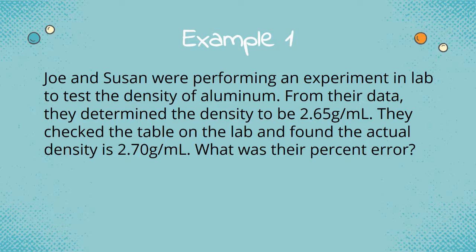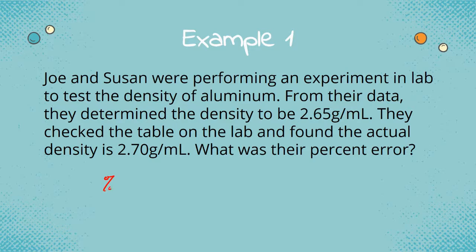So here we have Joe and Susan, who are performing an experiment in a lab to test the density of aluminum. From their data, they determined the density to be 2.65 grams per milliliter. They checked the table in the lab and found the actual density is 2.70 grams per milliliter. So what is their percent error?